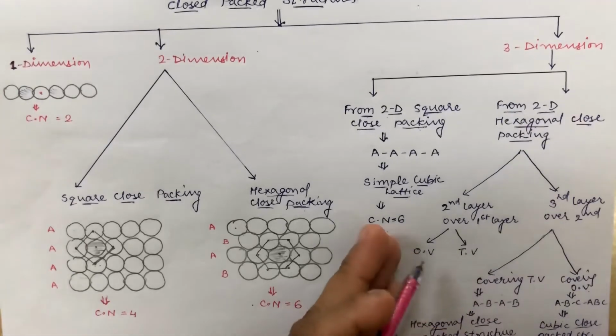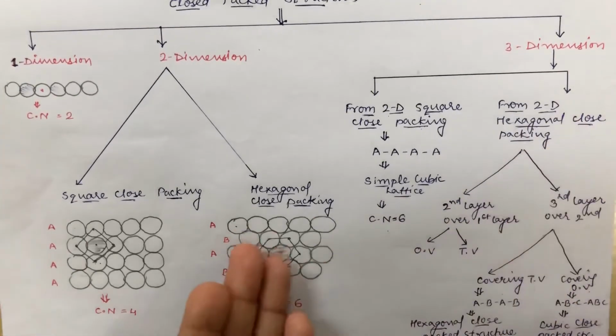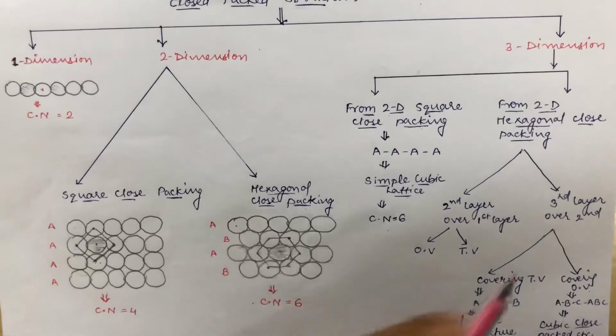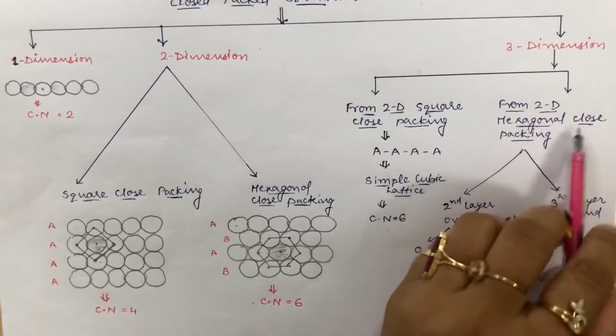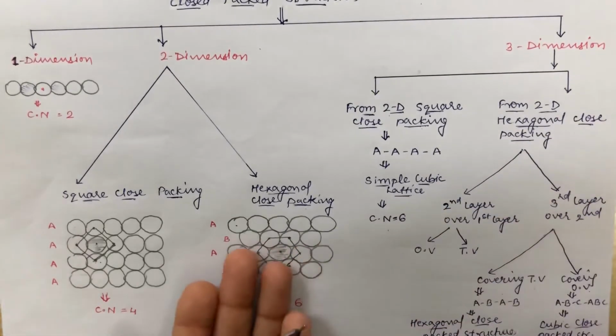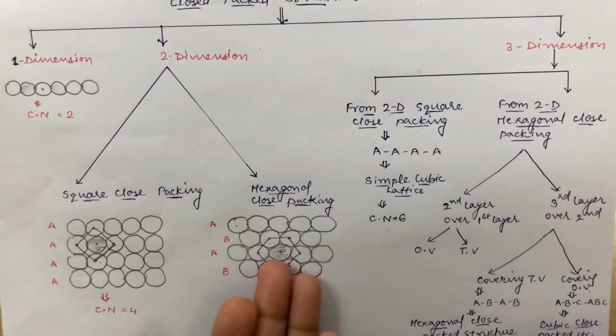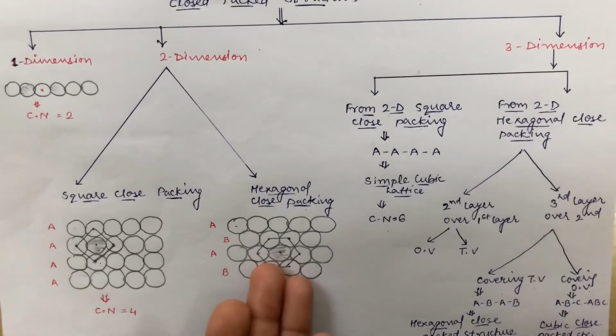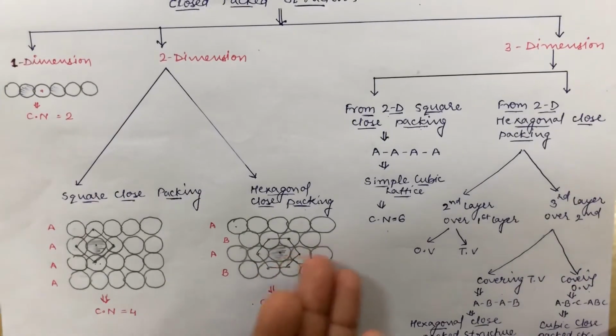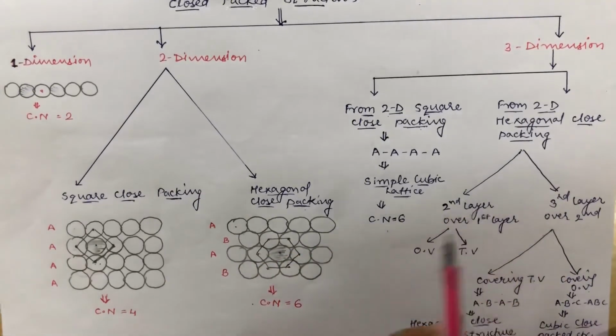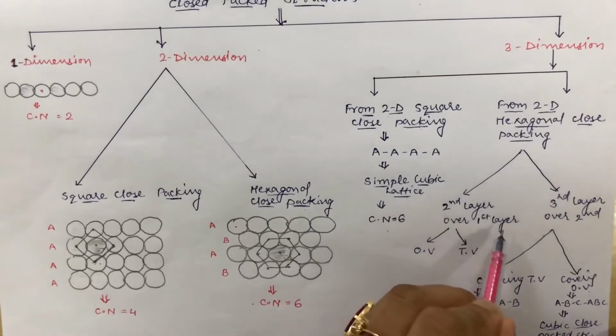The other possibility for 3 dimension is obtained from hexagonal close packing. Now from 2-dimensional hexagonal close packing, when you are trying to arrange layers over this to obtain a 3-dimensional structure, there are 2 possibilities. Let us discuss them, starting with placing the second layer over the first layer.